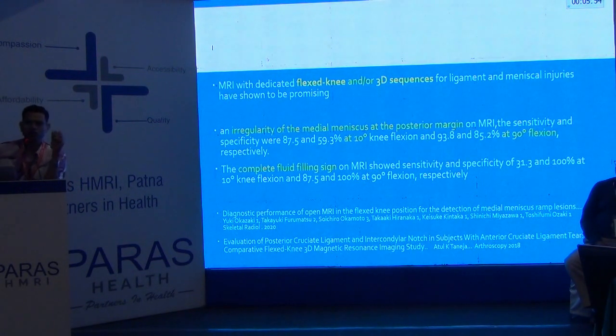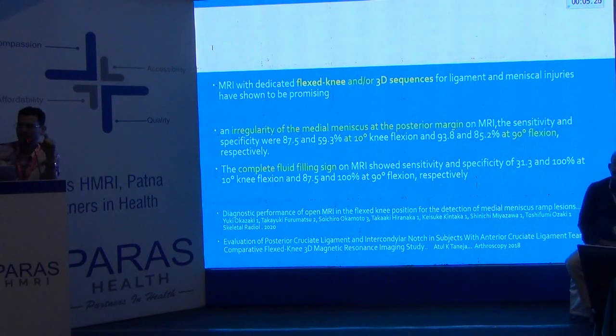So what change in the MRI can lead us to a better, more specific diagnosis of this ramp lesion is the flexed knee or 3D sequence of the MRI. In this, we see the irregularity of the medial meniscus at the posterior margin, and there is a gross difference in the detection of these lesions at 10 degrees of flexion of the knee and at 90 degrees of flexion.